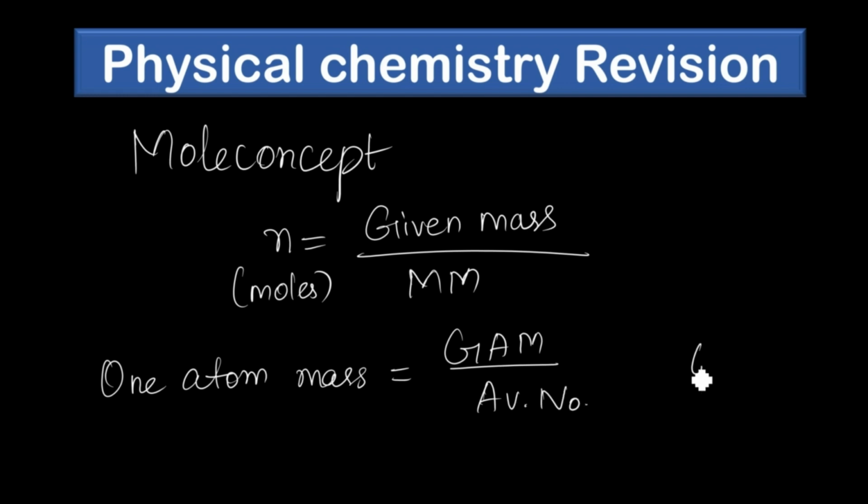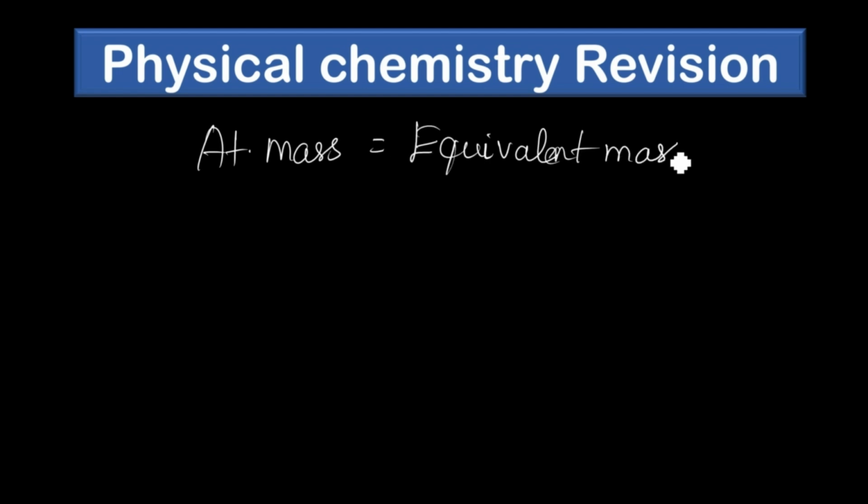What is Avogadro number? It is 6.023 into 10 to the power 23 per mole. Moving on to the next formula, how will you calculate the atomic weight. If they are not directly giving you the atomic weight, the atomic mass can be calculated as equivalent mass into valency.